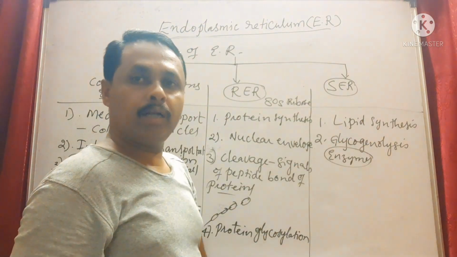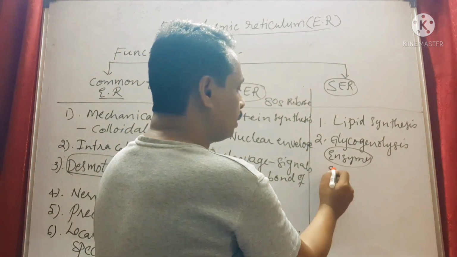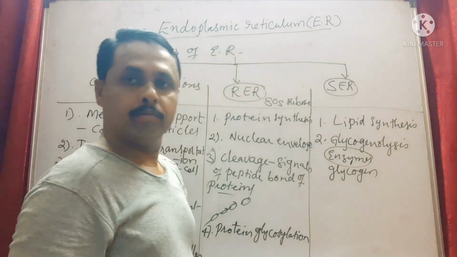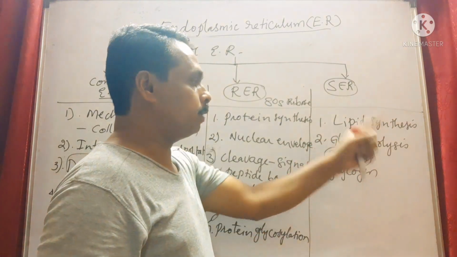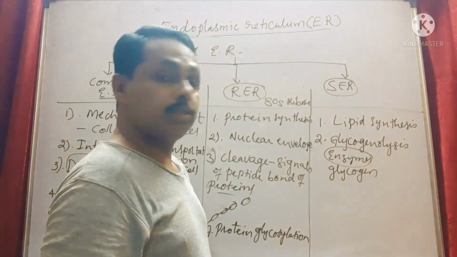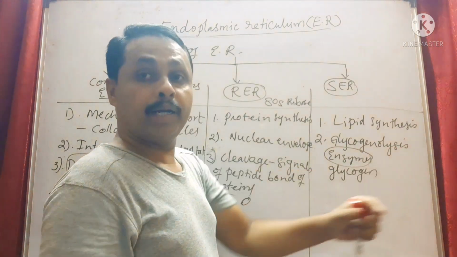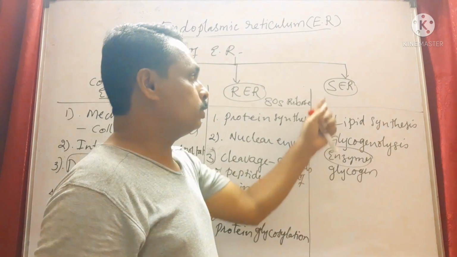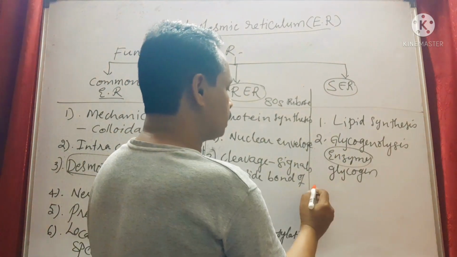These enzymes are involved in the breakdown of glycogen in liver cells. That activity will be called glycogenolysis. Lysis means breakdown. Glycogen breakdown due to the enzymes present in the walls of smooth endoplasmic reticulum. That is the second important function.